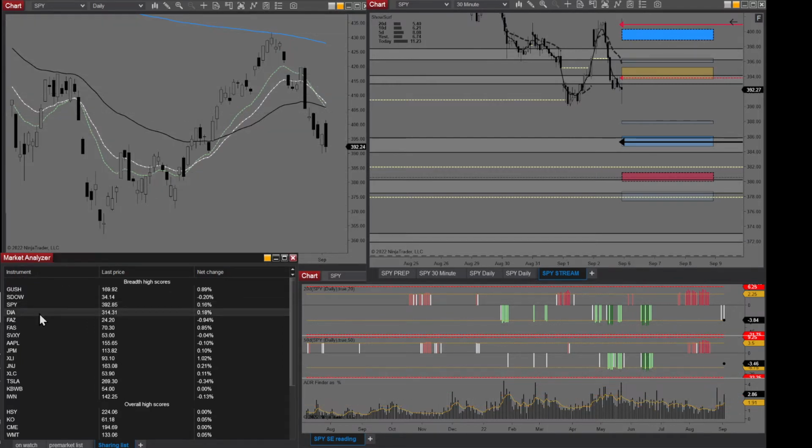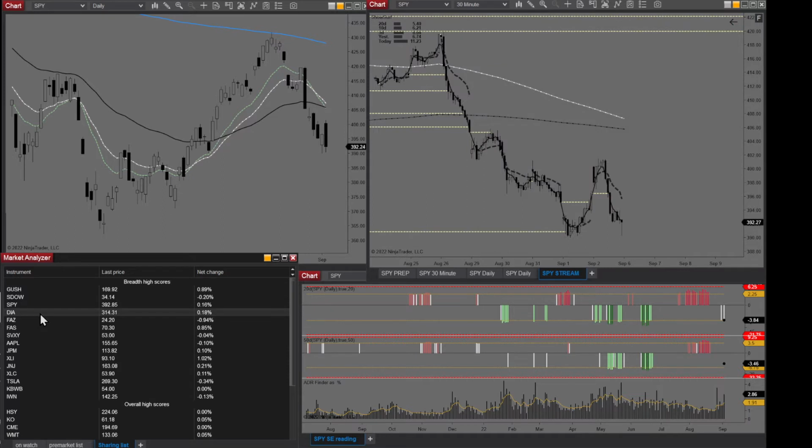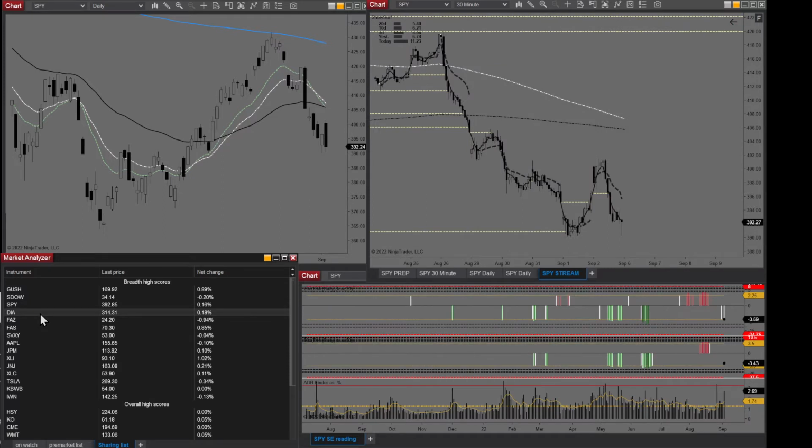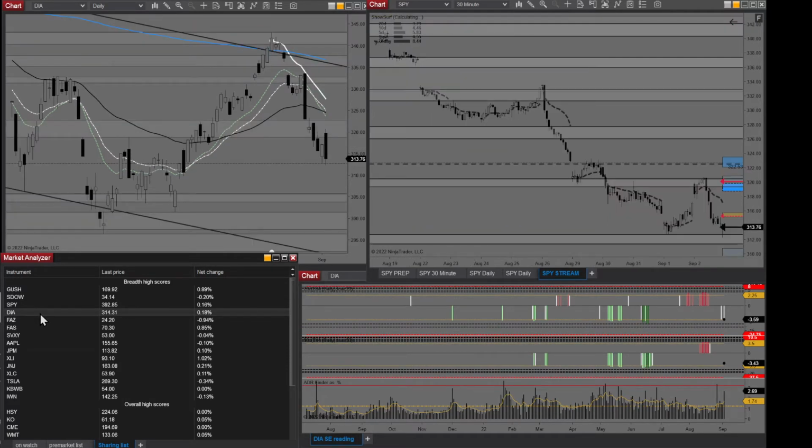Moving along, it's going to be DIA. DIA is an ETF that tracks the Dow Jones. One of the pieces I'll highlight, which I highlighted in the first attempt at recording this, is this lower chart, which we mentioned a bunch of times on the Twitter feed, for symmetrical extremes.